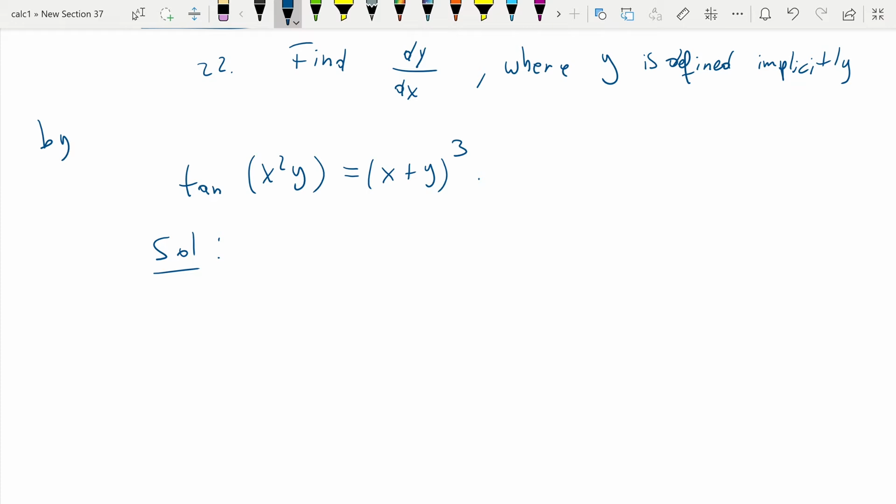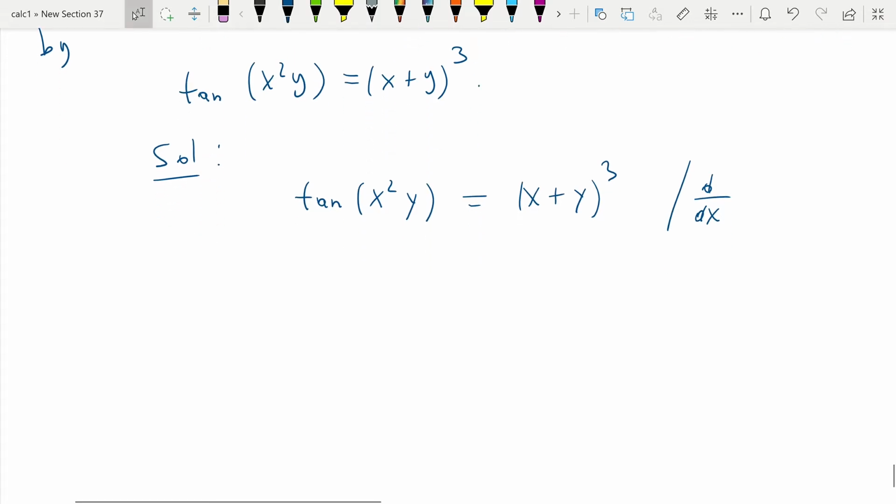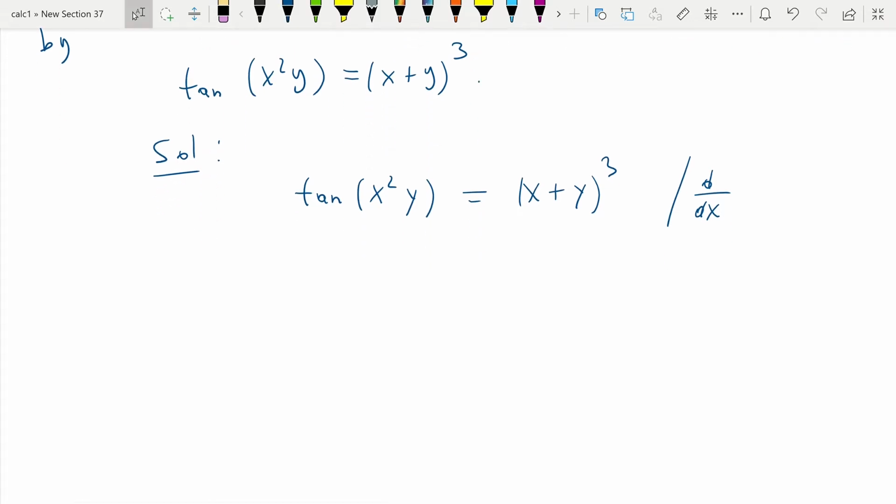The solution is, again, we do the same thing. Even if you're confused at some point, or you don't know if you remember things correctly, go ahead. You know that you have to differentiate when x and y appear on both sides and it's not clear how to solve for y in terms of x. Then you just differentiate on both sides, and if you manipulate things, you'll see that you are going to be able to solve for y prime in terms of x and y.